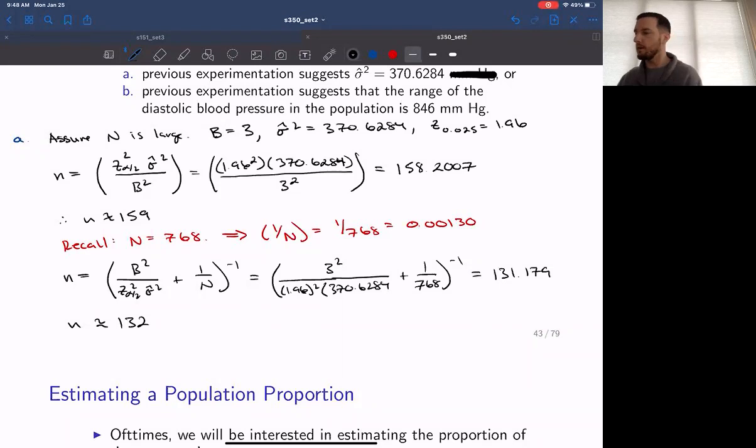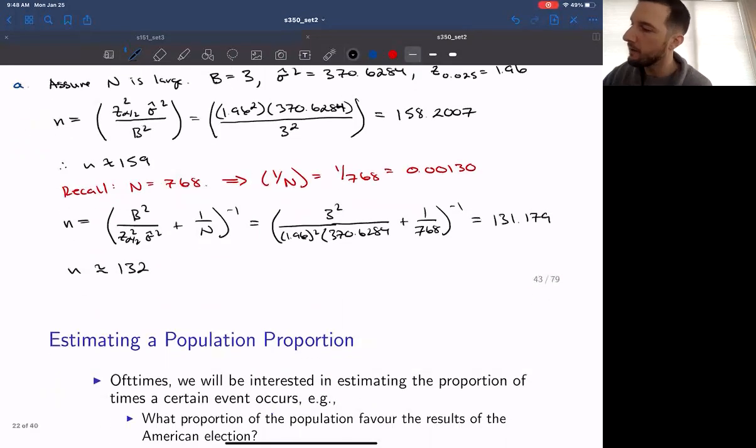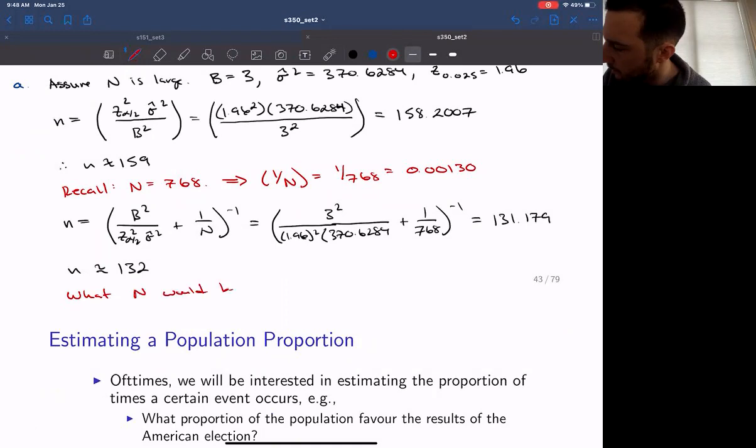Yeah, so it's actually very large. So for illustration, what N would be considered large?